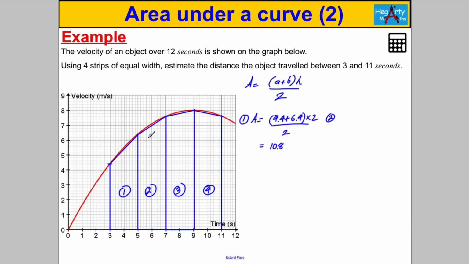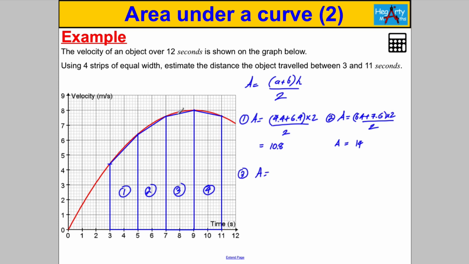The second one, well, our area here is, well, we know this is 6.4, and this here looks like it's 7.6, so it's going to be 6.4 add 7.6 multiplied by 2 and divided by 2. So in this particular case, we're going to get ourselves 14, and we continue this for 3 and 4.